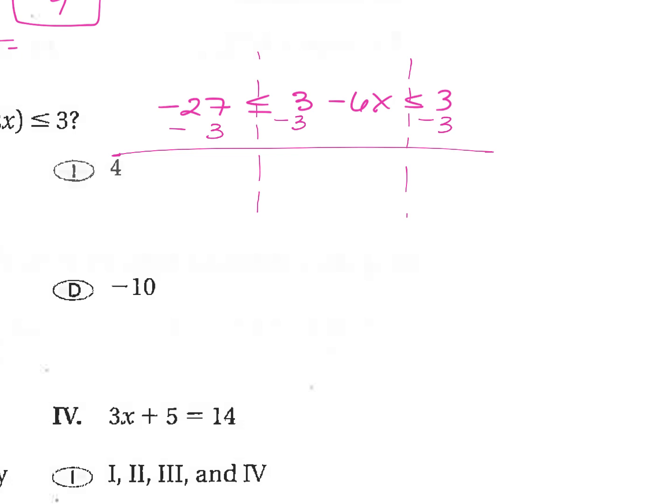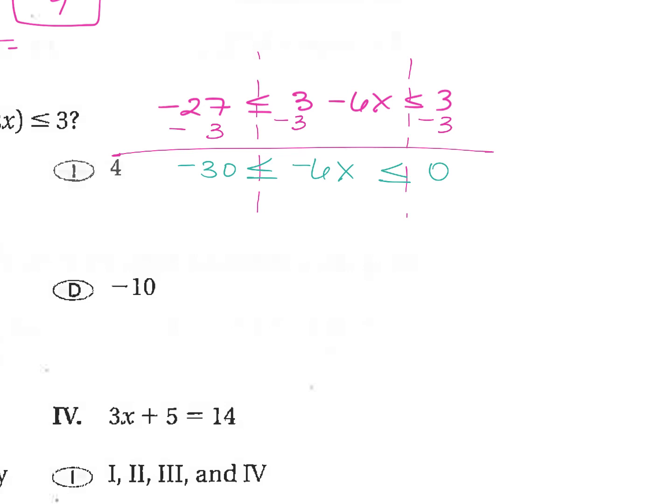So if we do that, negative 27 minus 3 is a negative 30, which is less than or equal to a negative 6x, which is less than or equal to 0. Okay. What do you do next? Divide by what? Negative 6. What happens when you divide by negative 6 with inequalities?